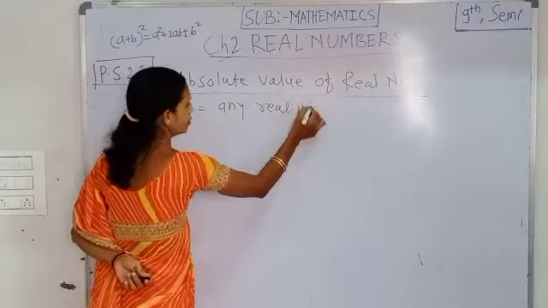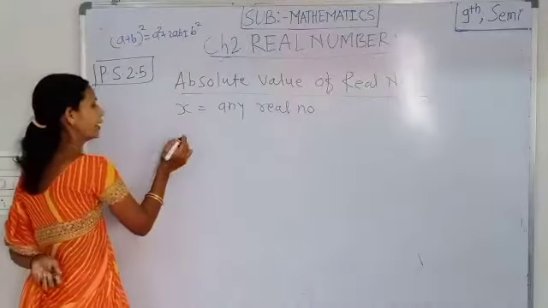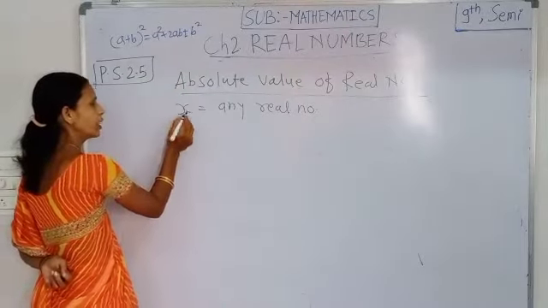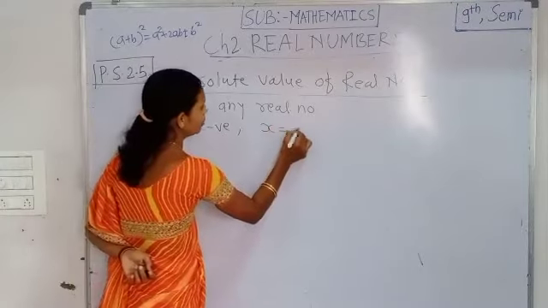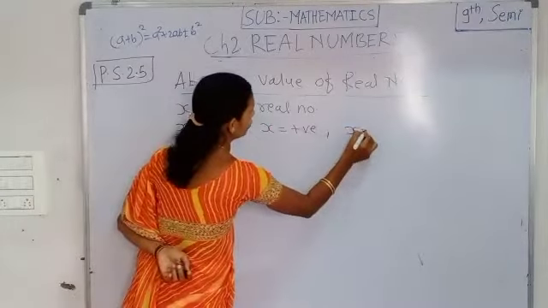Then there are three possibilities. x may be negative, or it may be positive, or it may be 0.